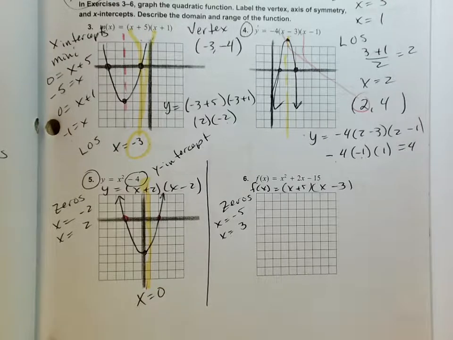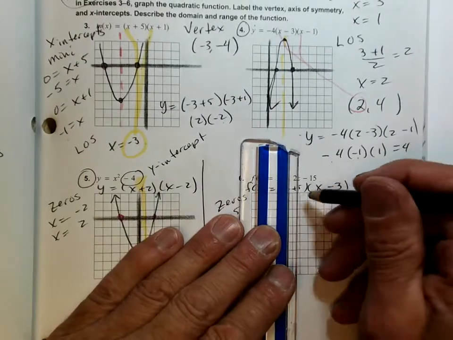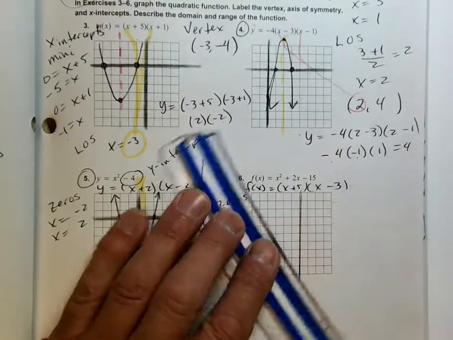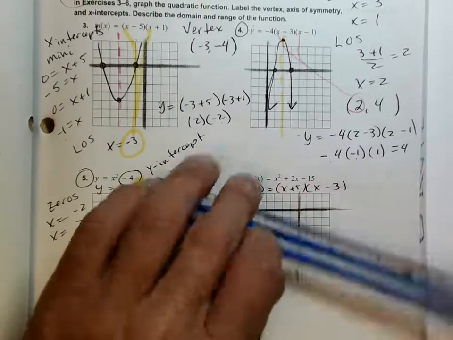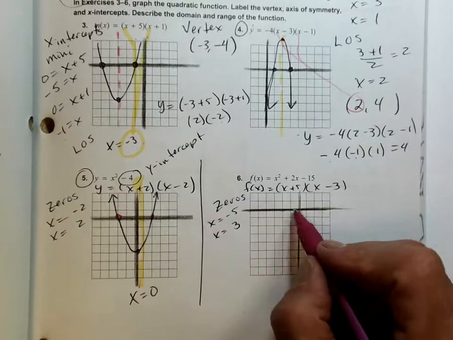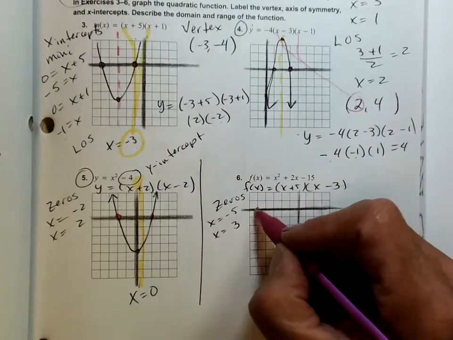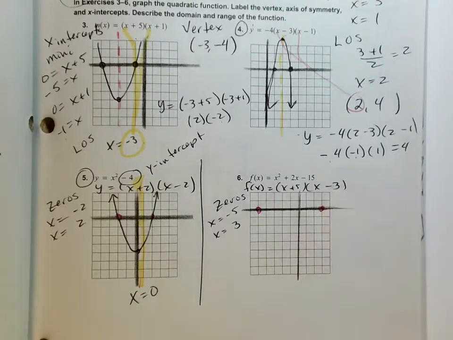So, let me go ahead and draw in my axes. I know I'm going to go something like right about here maybe. Okay, get that in there. So I'm going to put an x-intercept at 1, 2, 3, 4, 5, and 1, 2, 3. Now, where's my line of symmetry?